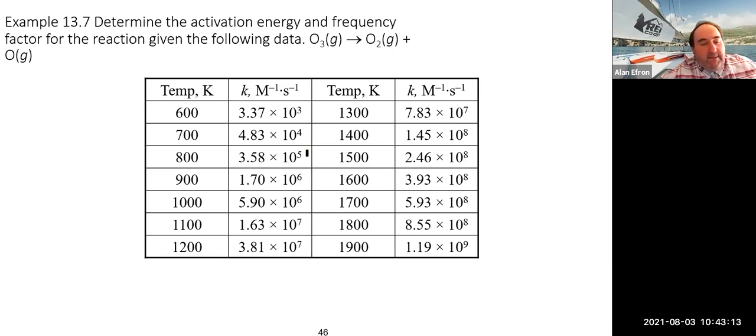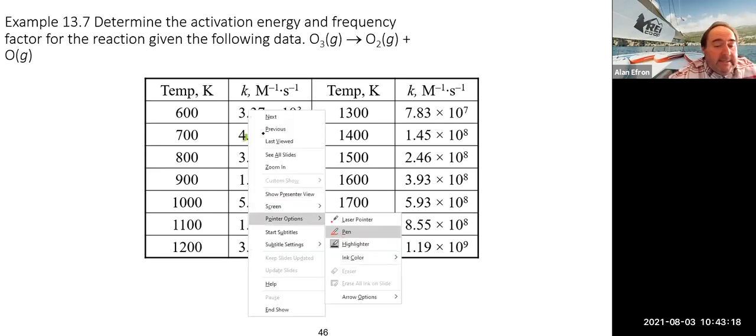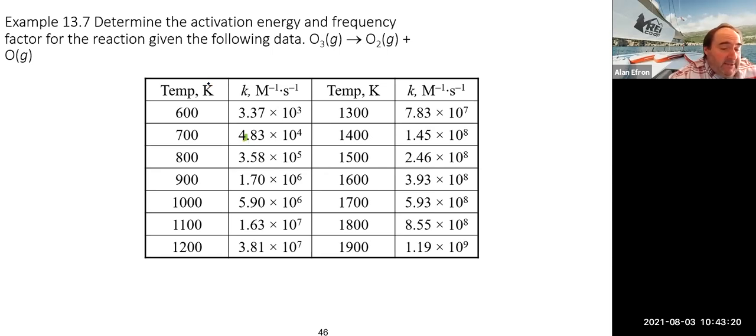You would be given the temperature, and this table is actually a really nice table because a lot of times the temperature would be given in degrees Celsius, so you would have to first convert it to Kelvin, but they actually did that for you. You also would be given the rate constant at these specific temperatures. And again, you would need to use your Arrhenius equation there.